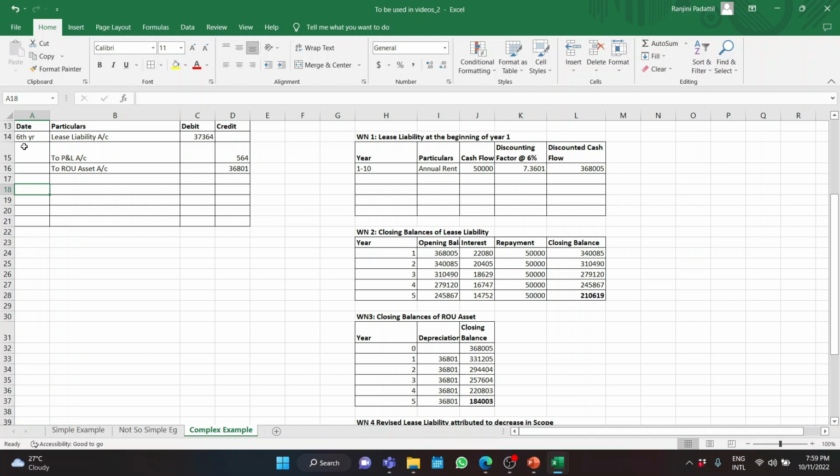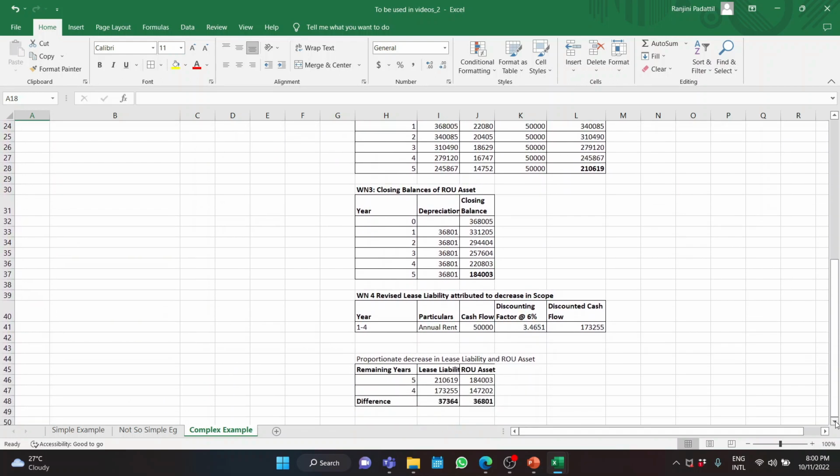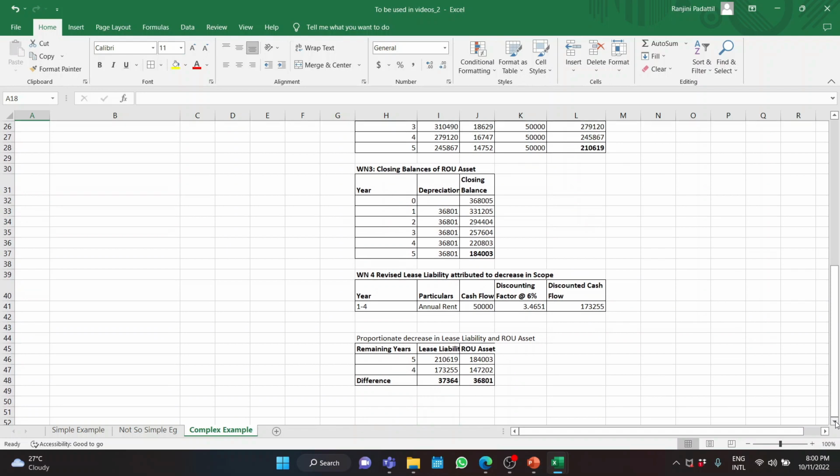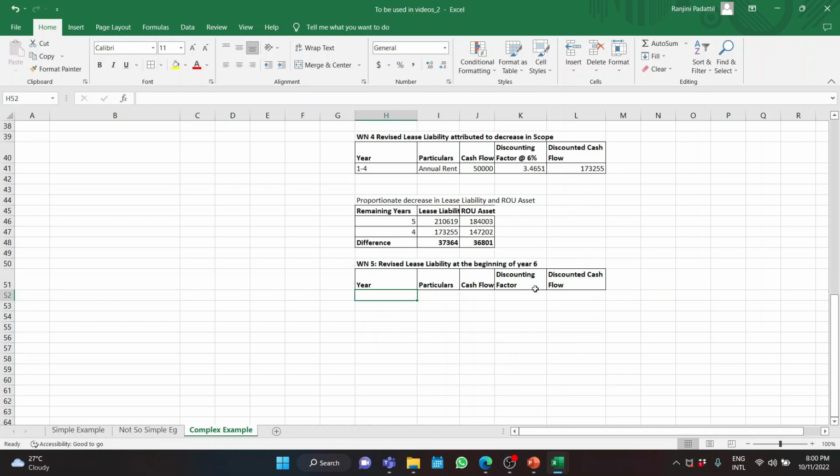Now we need to account for all the other differences. What is the method that they've told us? They told us calculate the revised lease liability using the revised discount rate and the adjustment to be taken to the ROU asset account. So that is our working note number 5. The revised lease liability at the beginning of year 6. This is the revised liability taking into consideration all the changes, including the decrease in scope.